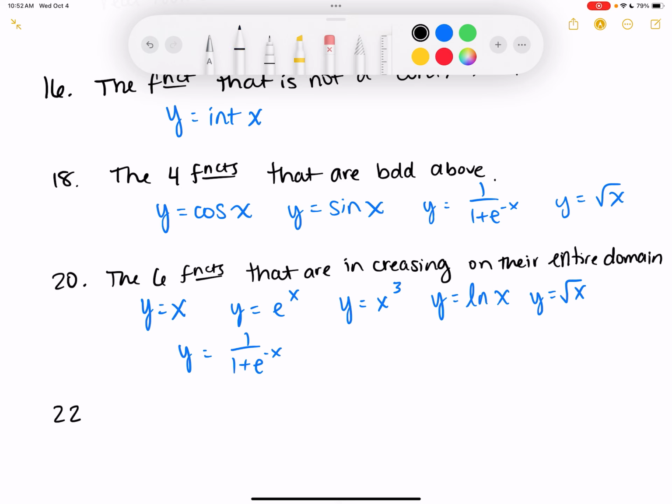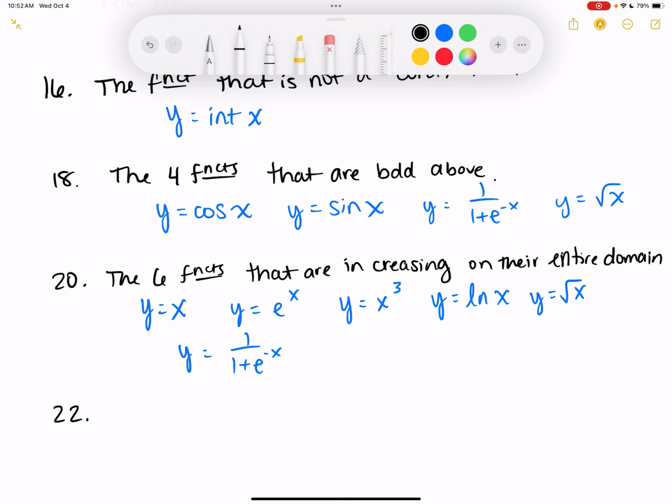Does it always increase though, the greatest integer? I mean, the basic function of it would, but no, not necessarily. We're only looking at this as the most basic function. Because technically, if we reflected this, it's going to be upside down, and it wouldn't be increasing the whole time.